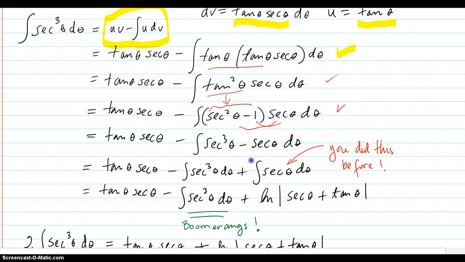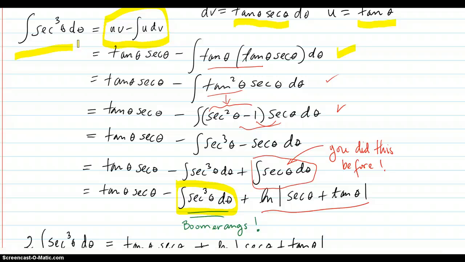Now this one right here, integral of secant, you did this before when we were reviewing over Calculus 1 substitution method, and that turned out to be log absolute value secant theta plus tangent theta. So then we recognize the boomerang mechanism happening here, which is that this subtraction of secant cubed will be able to be added to both sides, integral of secant cubed.